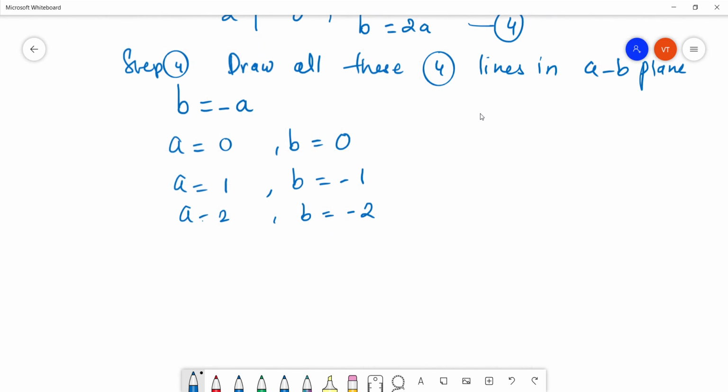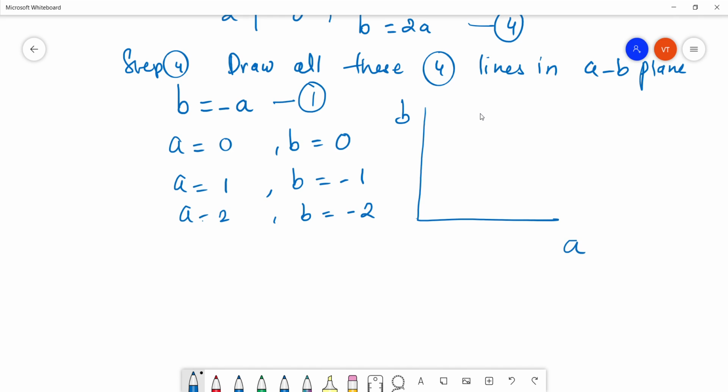From the graph of the ab plane, you will draw B and A. First, if I just plot line number 1, accordingly you can draw 2, 3 and 4.